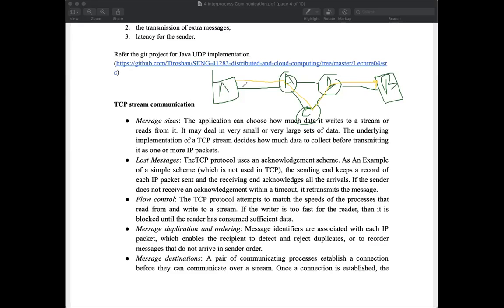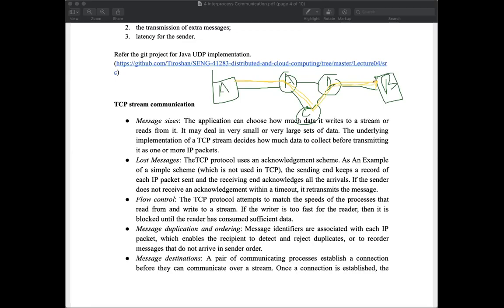First, TCP finds the path to communicate between the source and the destination, the sender and the receiver. Then onwards, messages will transfer between A and B, referring to the predefined or created connection or routing path. That's the difference.